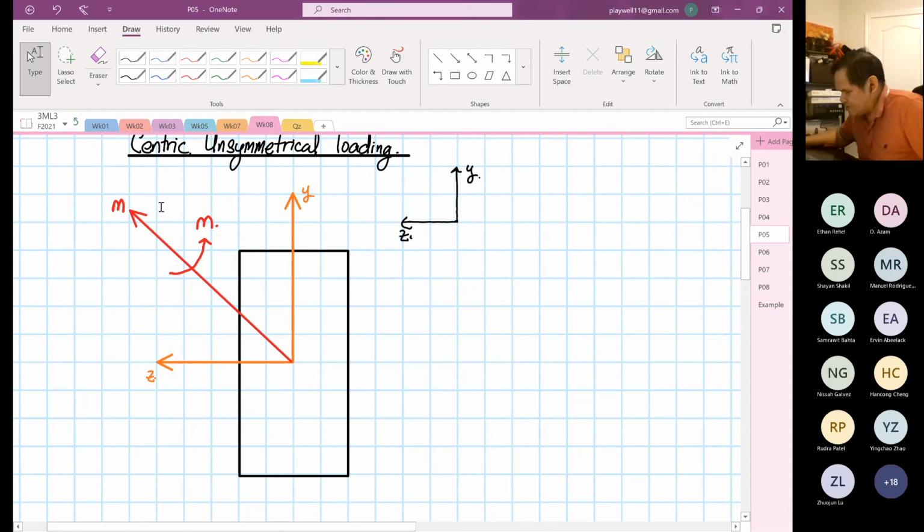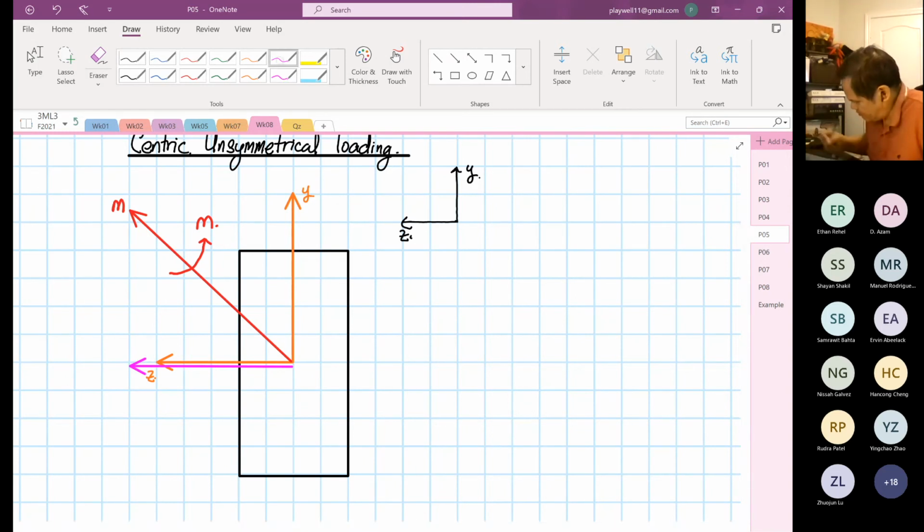So when that's the case, now your moment has two components. Your moment has Mz and your moment has My. I'm going to draw the Mz. So this is your Mz in pink, and the way I grip it, this is your Mz.